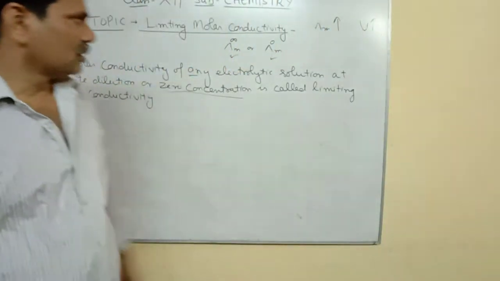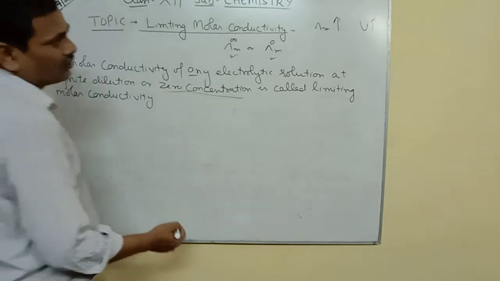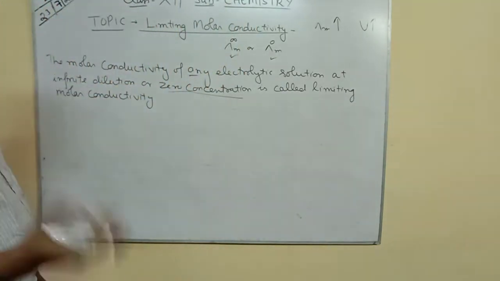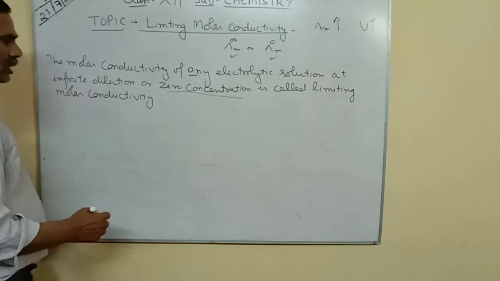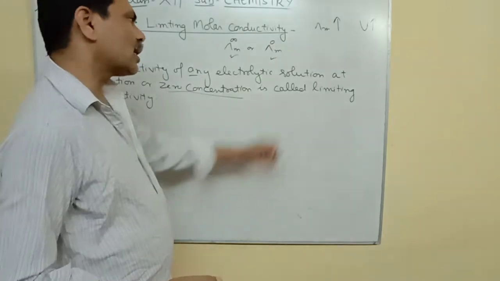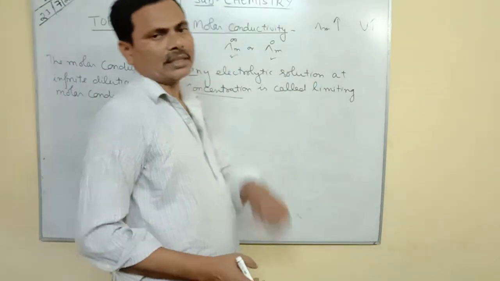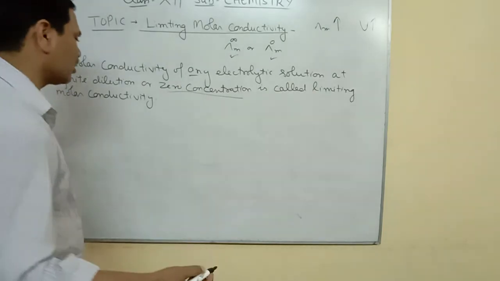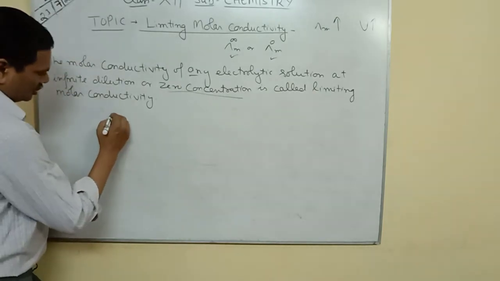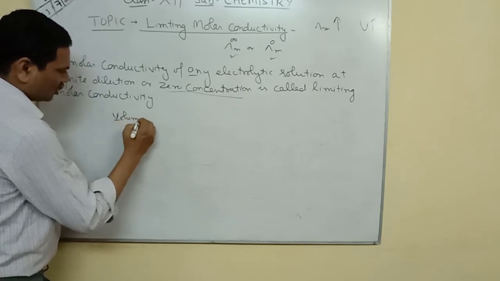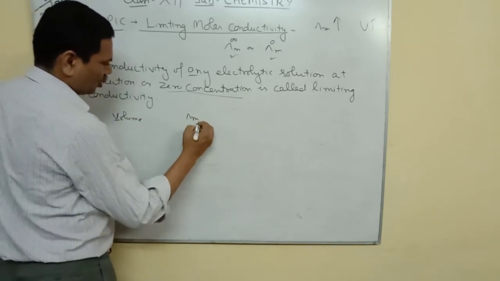But I said that when the dilution is infinite, molar conductivity may be infinite. Actually, it does not happen. At a certain point, the molar conductivity becomes saturated. I am giving a hypothetical example. Let us suppose this is the volume of the electrolyte, and this one is molar conductivity.